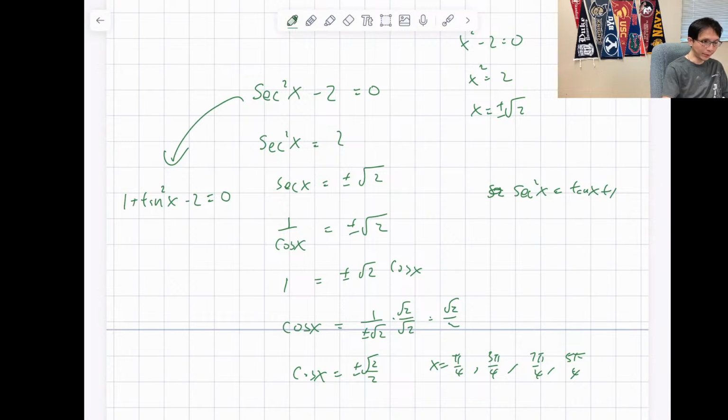So then that would be tangent squared of x minus 1 equal to 0, and tangent squared of x equal to 1, and tangent of x equal to plus minus 1. Even better, because tangent of x equal to 1 is x equal to pi over 4, 3 pi over 4, 5 pi over 4, and 7 pi over 4. Pretty easy.